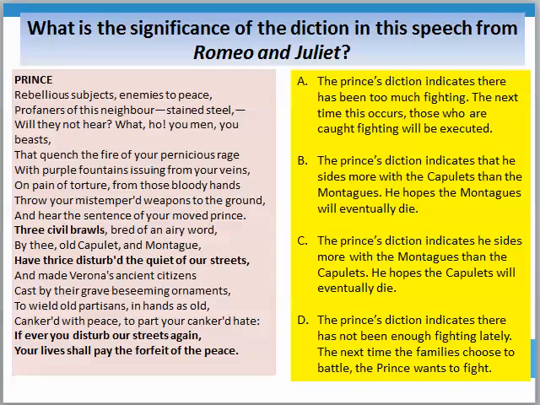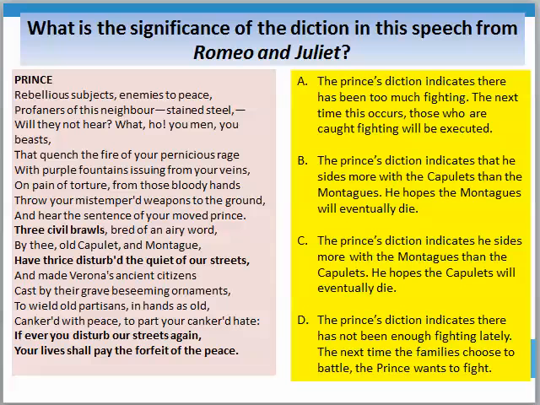It's the prince speaking. Rebellious subjects, enemies to peace, profaners of this neighborhood, stand still. Will they not hear? What ho, you men, you beasts, that quench the fire of your pernicious rage with purple fountains issuing from your veins. On pain of torture from those bloody hands, throw your mistempered weapons to the ground, and hear the sentence of your moved prince.